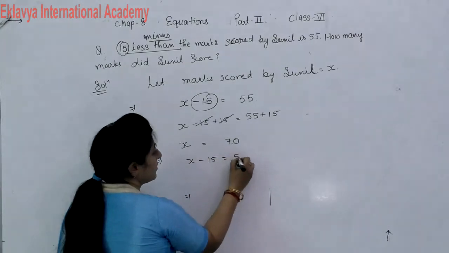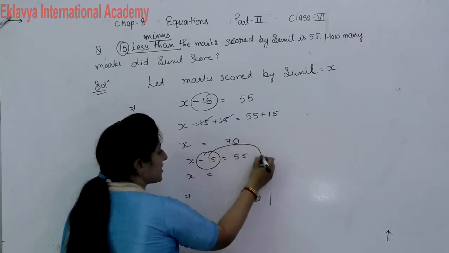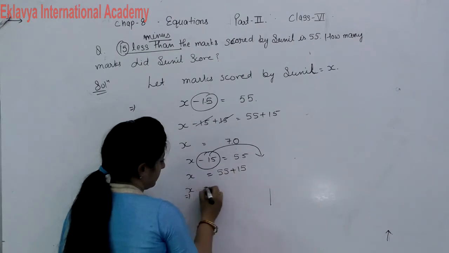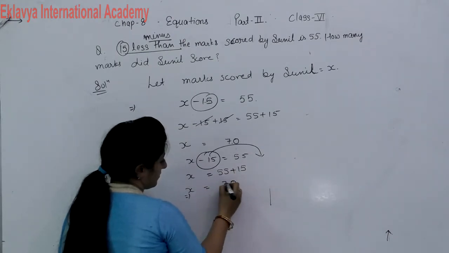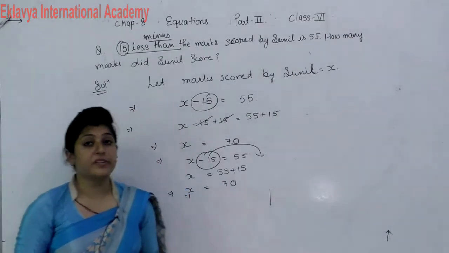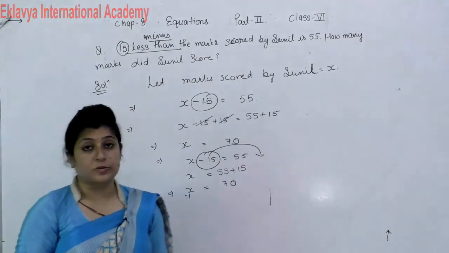Here x is equal to this; the minus changes here into plus, then the x value is 70. So this way we will solve our exercise 8C also.